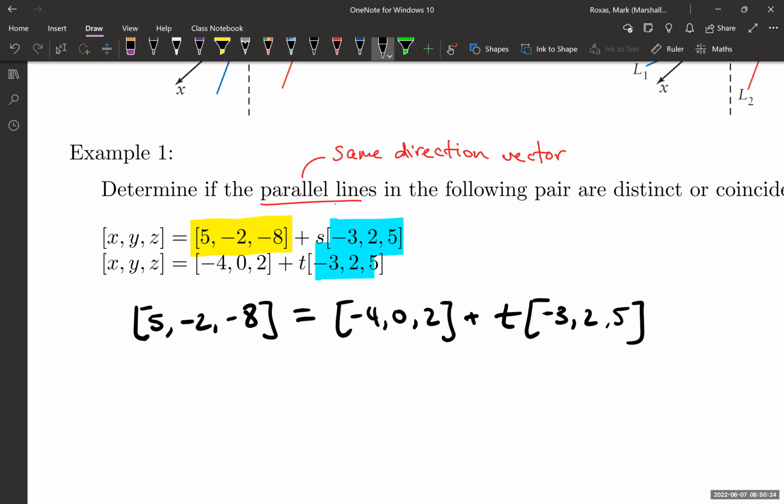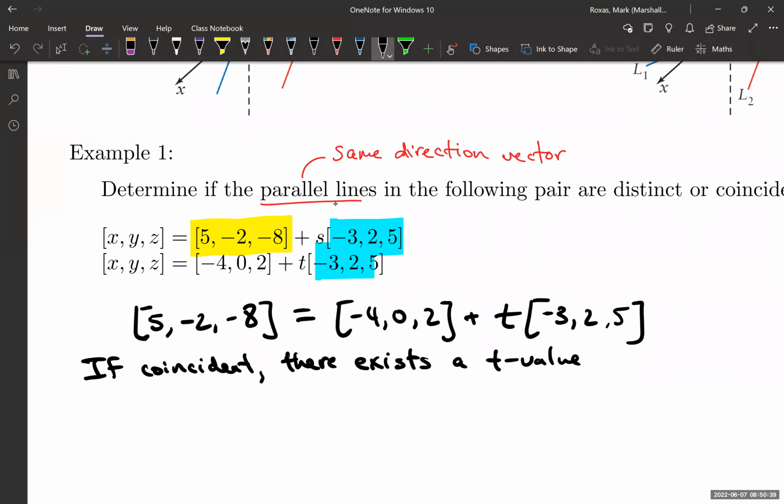Okay, so if coincident, there exists a t value to make this true. Okay.